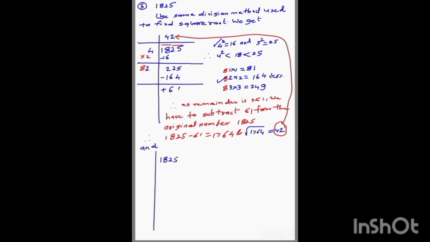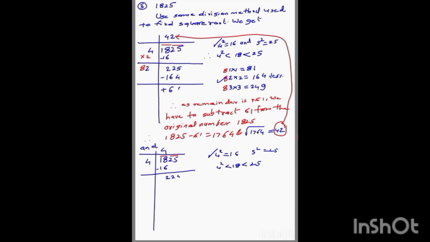Now we are carrying out the same again for the higher number, which is a perfect square. So 1825, same thing, bars. We have already done it. 4 square is 16. This is just for practice or just to understand it. So 4 square is less than 18, less than 5 square or 25. So we take 4 into 4 is 16, same thing, till 225 it is the same.